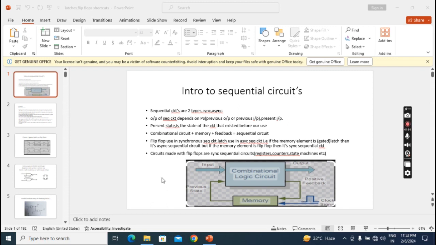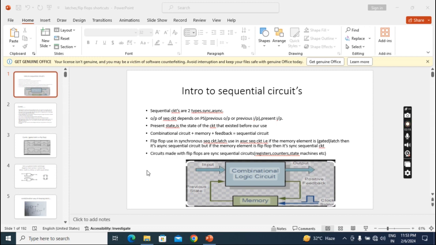Okay, so the examples for asynchronous sequential circuits: a sequential circuit made with latches. And whatever sequential circuit contains flip-flops, those all come under synchronous sequential circuits.